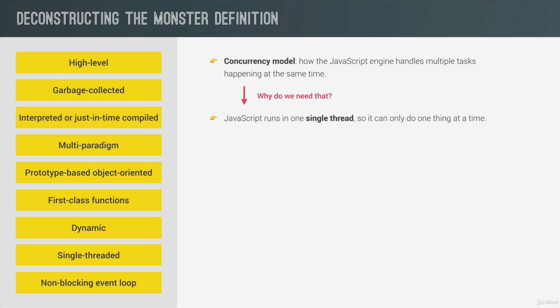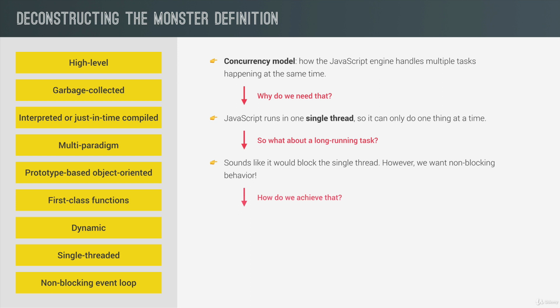Alright, but what if there is a long-running task, like fetching data from a remote server? Well, it sounds like that would block the single thread where the code is running, right? But of course, we don't want that. What we want is so-called non-blocking behavior. And how do we achieve that? Well, by using a so-called event loop.